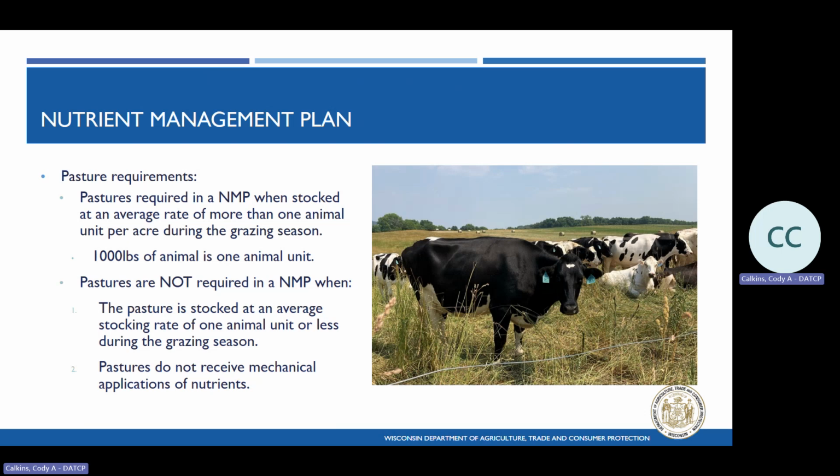For example, that might be a dairy heifer or it might be a few hundred chickens. Pastures are not required in a nutrient management plan when the pasture is stocked at an average stocking rate of one animal unit or less during that grazing season, or those pastures do not receive mechanical applications of commercial fertilizer or manure or other nutrients.